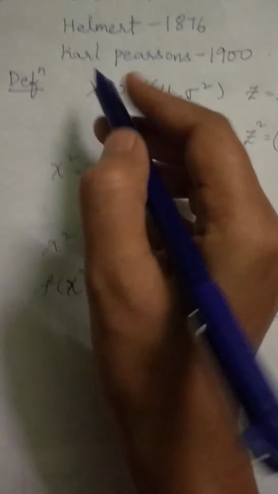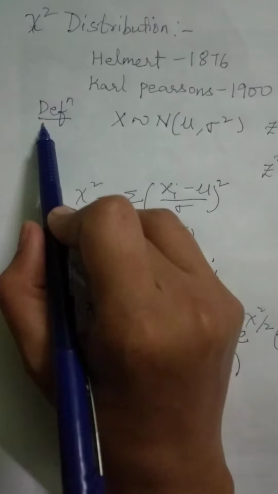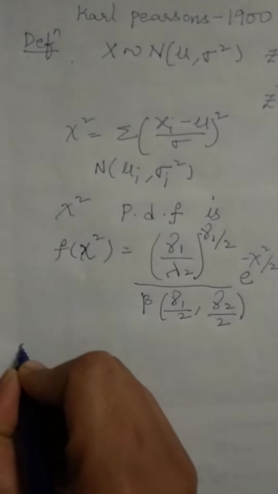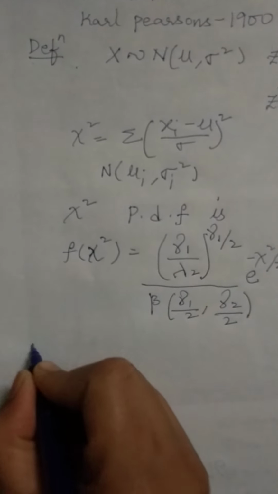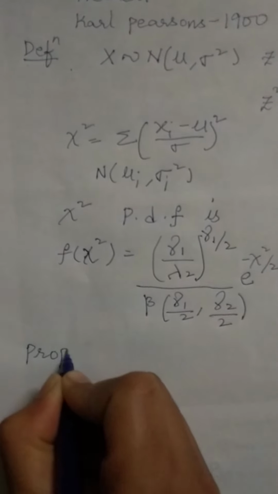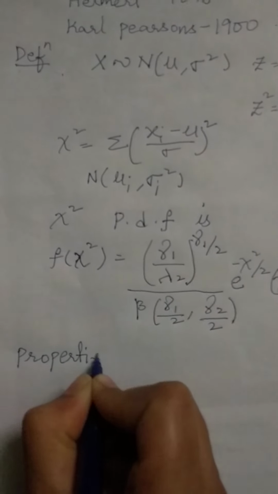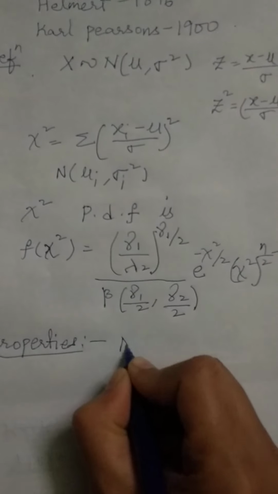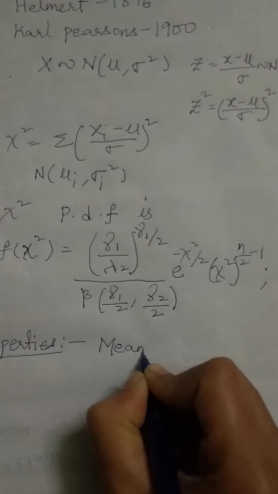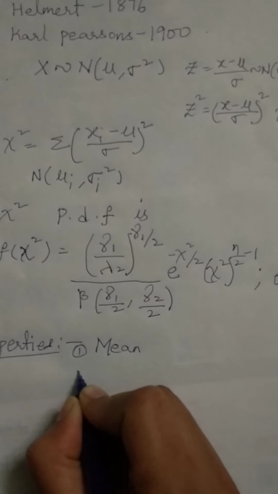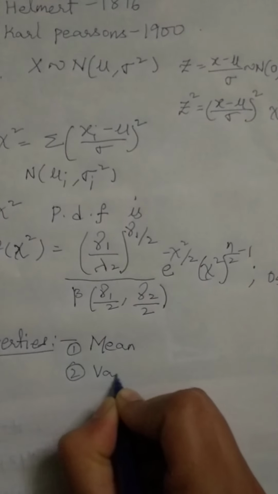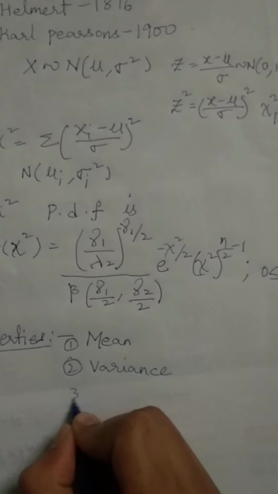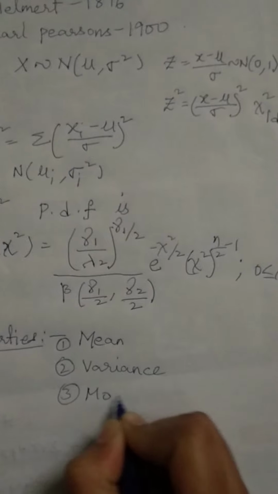Now let's go for properties. I have explained the definition; now we are going for properties, then we will go for applications. In the chi-square distribution, the first property is mean, the second property is variance, the third property is mode.